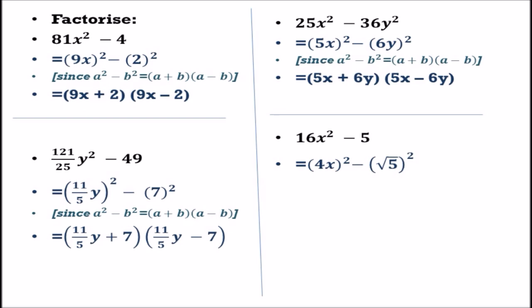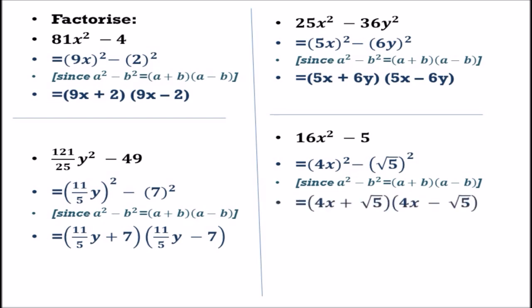So whenever we have a non-perfect square number, we just need to put that inside a square root and then square it. So here 4x is a, root 5 is b. Since a square minus b square is a plus b into a minus b, we'll have 4x plus root 5 into 4x minus root 5. So this question is also done.